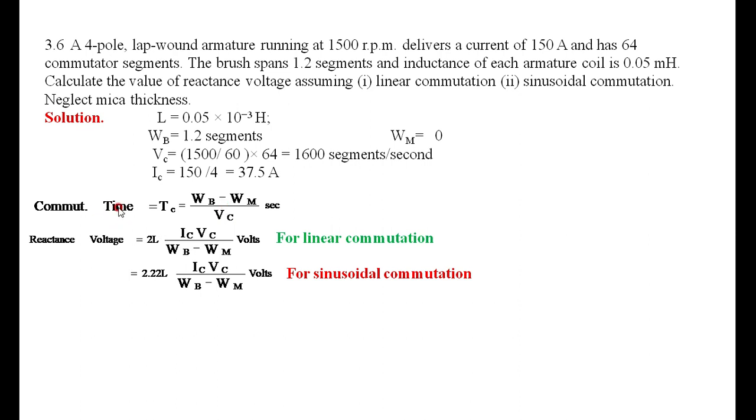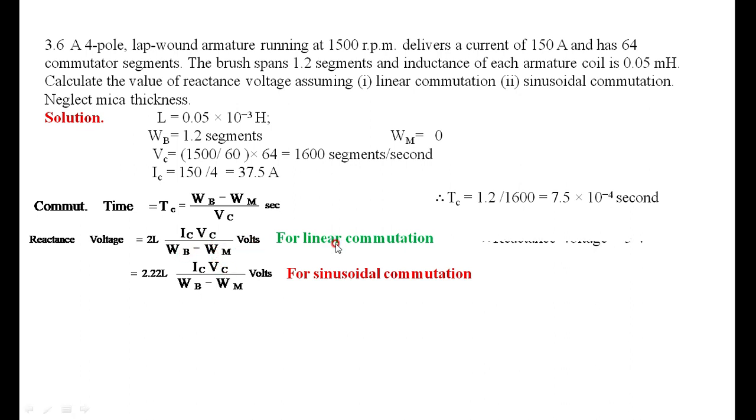Then we have the commutation time TC, that is WB minus WM divided by VC, everything is calculated here. Just substitute, then what we are getting is 7.5 into 10 raised to minus 4. Or you can directly substitute in the reactance voltage formula. Then IC is known, VC is known, WM is 0.